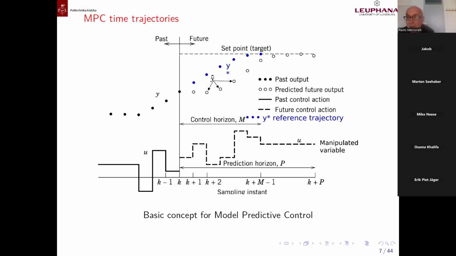We can see from the upper part that the MPC, starting from 0, will try to minimize the difference between the corresponding times of the goal, these blue dots, the sampled reference trajectory, and our prediction, this empty bullet, for instance minimizing the sum of the squared error. We will discuss this later.